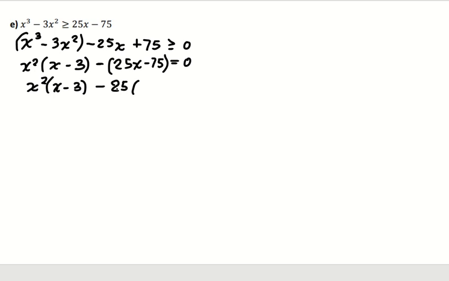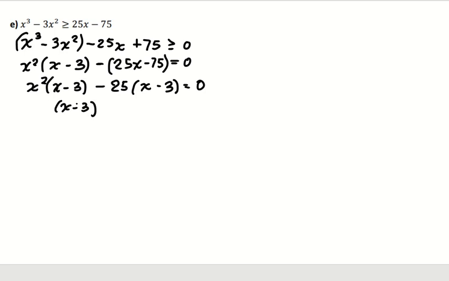Negative 75 divided by 25 is 3. Again, we can see that these two terms have a common factor, that is x minus 3.